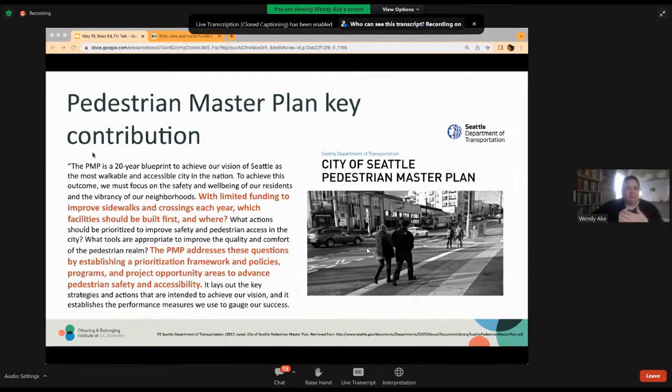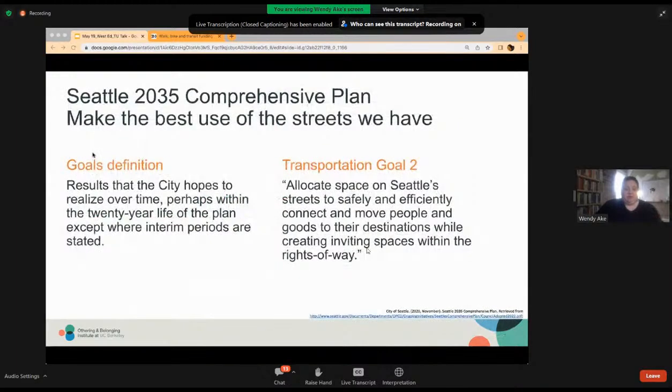They said, with limited funding to improve sidewalks and crosswalks, which facilities should be built first? Where? How to make these decisions? There's a need. They could be spending this money everywhere in the city, but there's priorities. There's different situations that people have. So they started to say, we need a prioritization schedule for this.